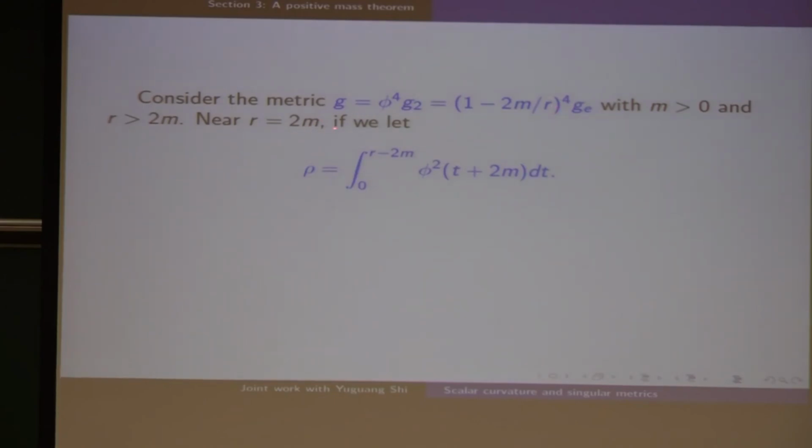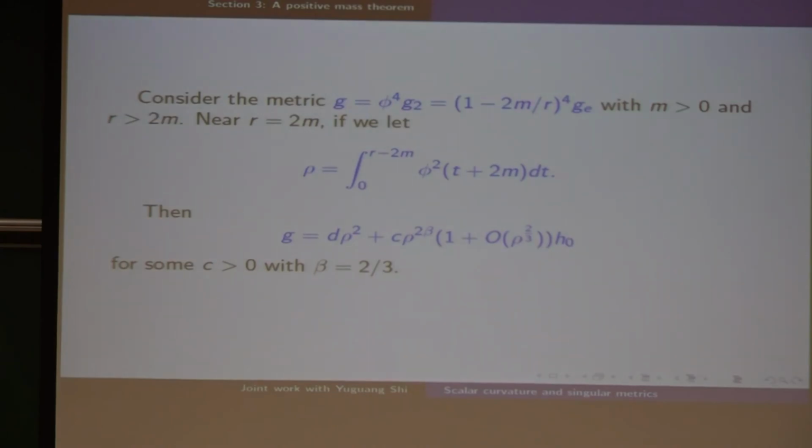Near R equal to 2m, if we set rho to be this one, then the metric can be written in this way. G equal to d rho squared plus C times rho to the 2 beta times something. This is the Schwarzschild metric where beta is exactly 2/3. Okay? So in this case, the positive mass theorem is not true.